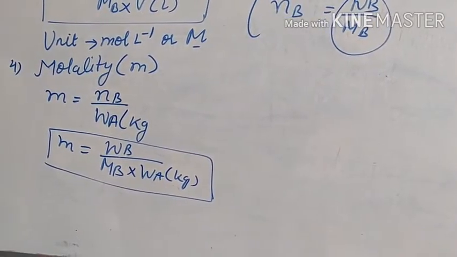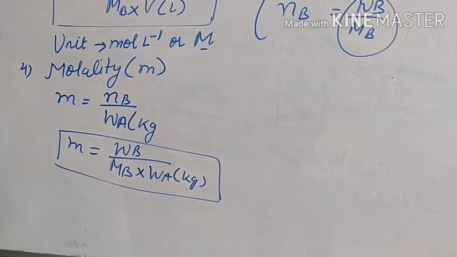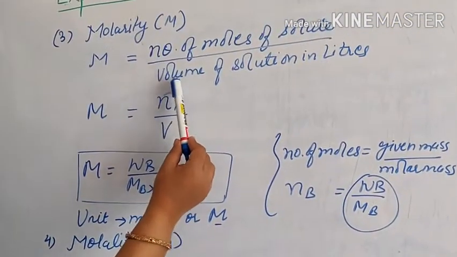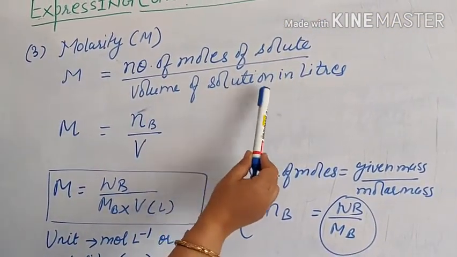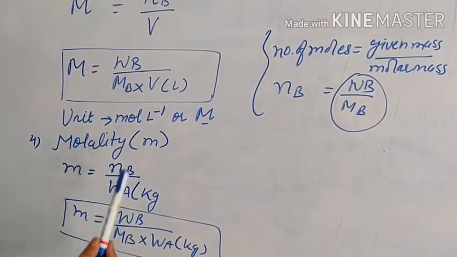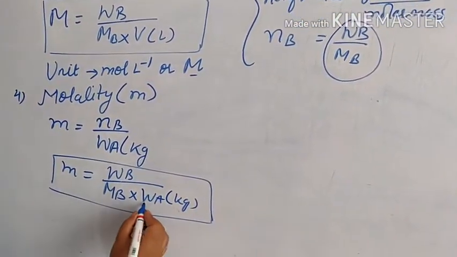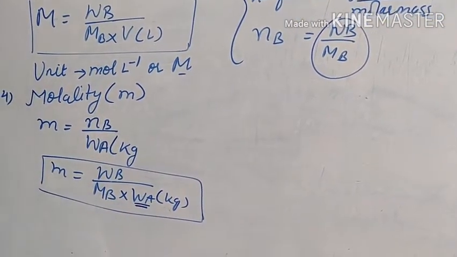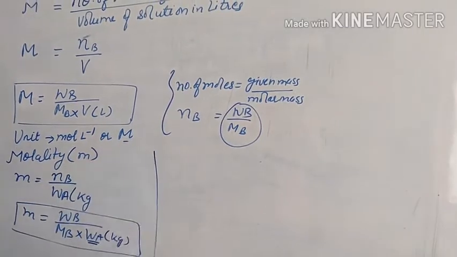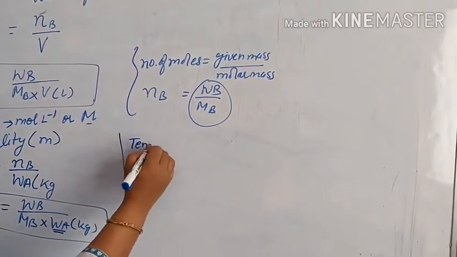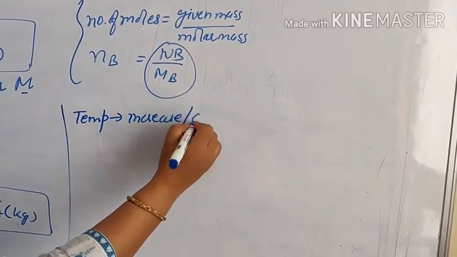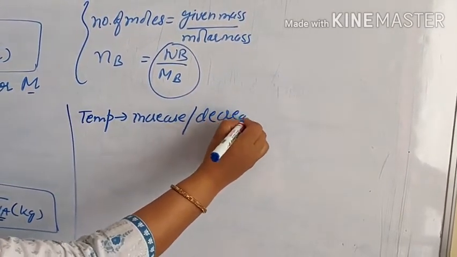Now see, one difference which we see between molarity and molality is that molarity is expressed in terms of volume of solution per liter, and molality is expressed in terms of mass of solvent in kg. Now if we increase or decrease the temperature, the volume may be affected but the mass is not.